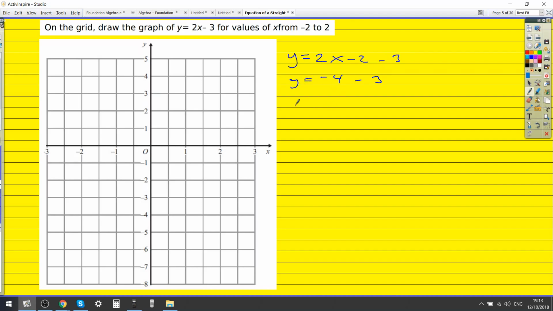Hold on. Not minus 5. Minus 7. Yeah. And then should I just do the workings out for each of them? What would you do next? Yeah. 1 times 2 minus 3.